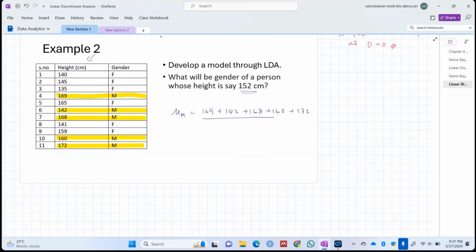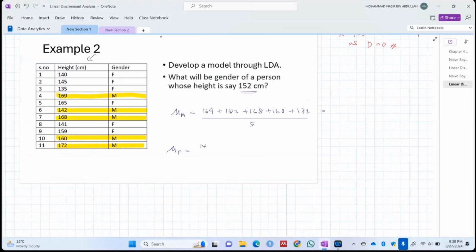Divide by how many observations? 5, right? So this should be equal to, can you calculate? Give me the answer.